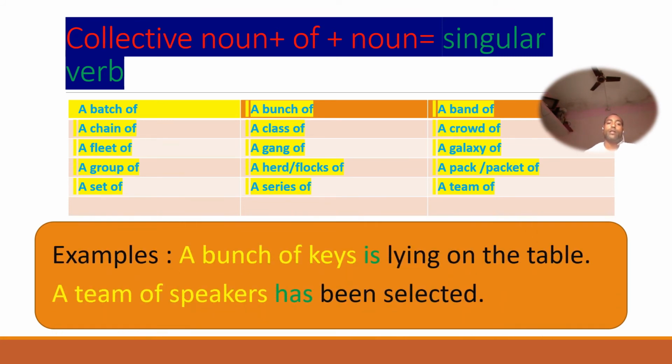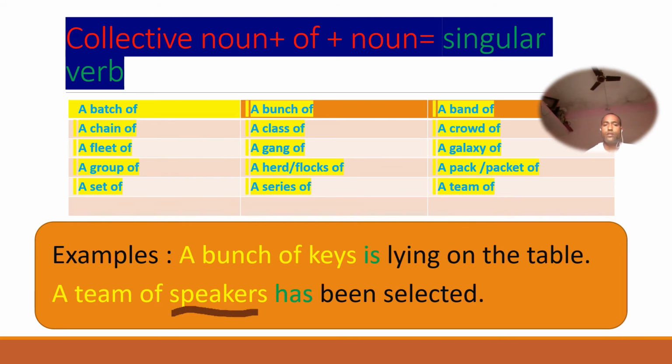Let us see here. A bunch of kids. Here, kids. Did you note? A bunch of kids is used here. We have used a singular verb here. Similarly, a team of speakers.